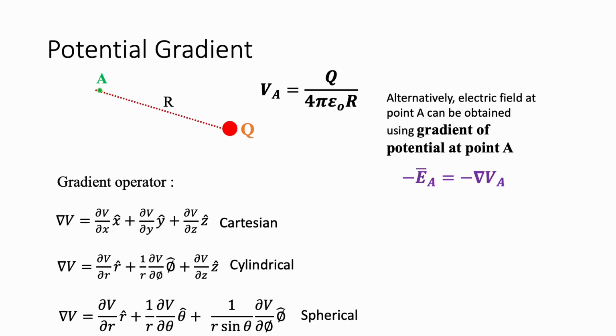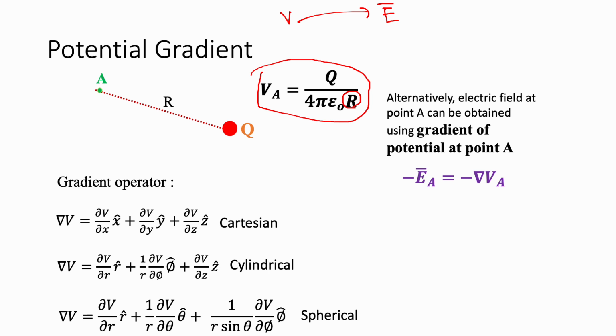So today we would like to learn about the potential gradient, where from the potential that we have obtained, we determine back the electric field intensity. This is what we're going to look at today. From the absolute potential formula, we know the potential is Q over 4 pi epsilon naught r, where r is the position from your source to the point of interest.